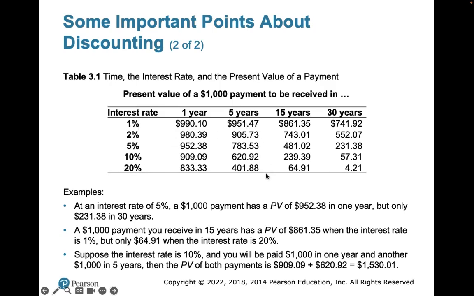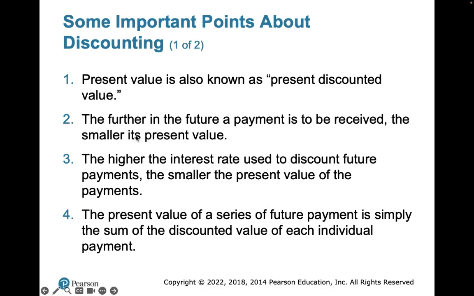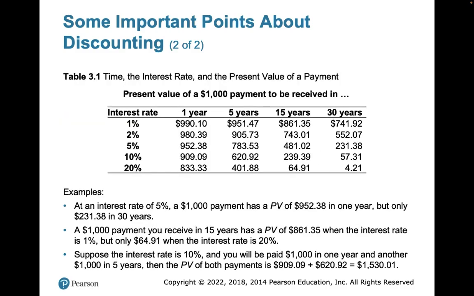This explains that the further in the future a payment is to be received, the smaller its present value. The present value in 1 year's time is way bigger than the present value in 5 years' time. Just like this, at 5 years' time, it's bigger than in 50 years' time.